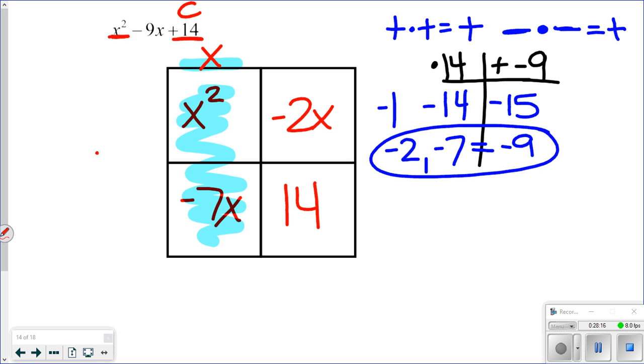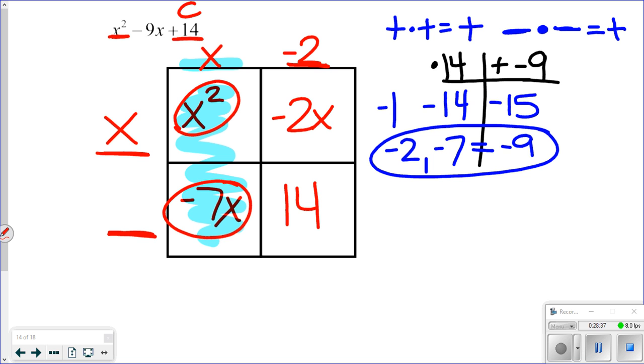Okay, now let's keep going. X times what gives me this x squared here? X times x. Okay. X times what gives me a negative 2x? That has to be a negative 2. X times what gives me this negative 7x? That would be a negative 7.